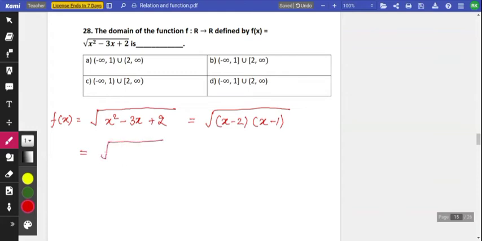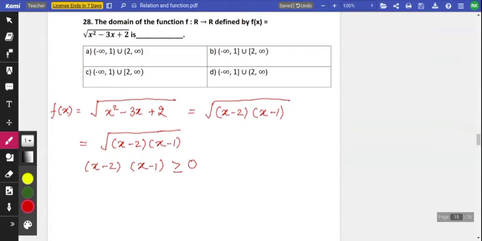The term inside the square root cannot be negative. So we can write that (x minus 2)(x minus 1) is greater than or equal to 0.